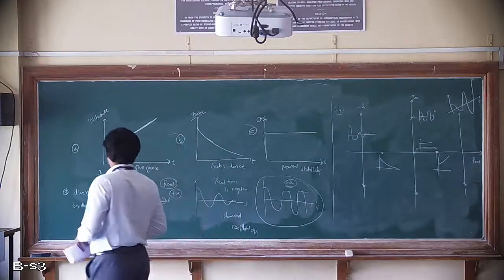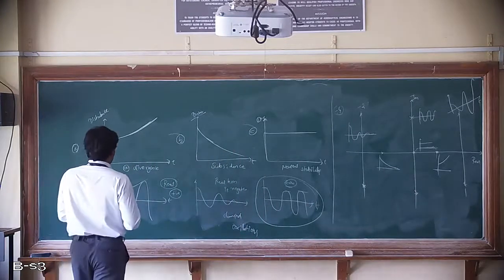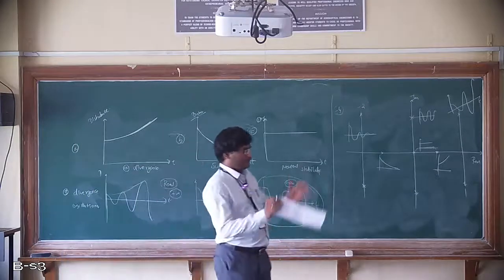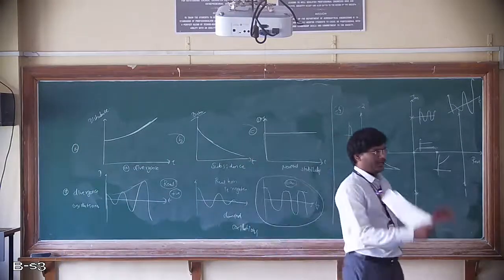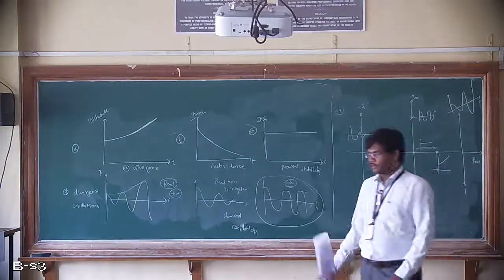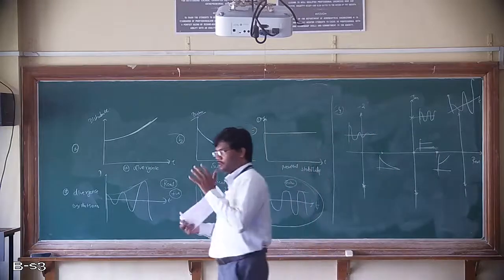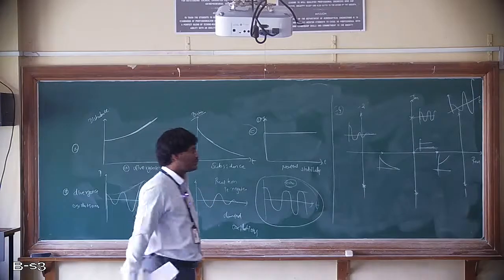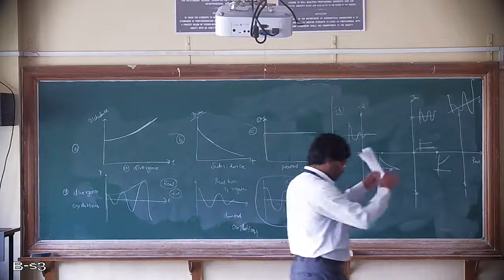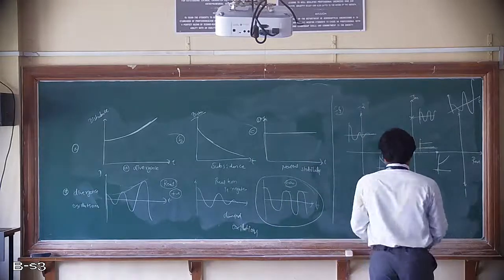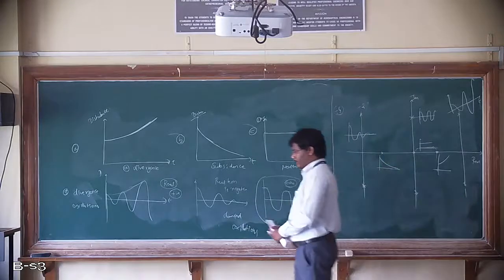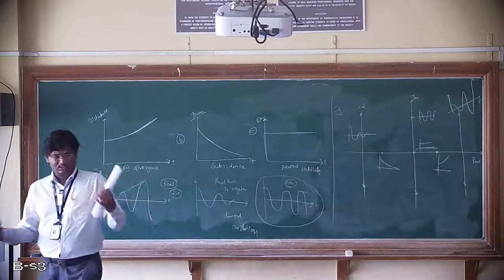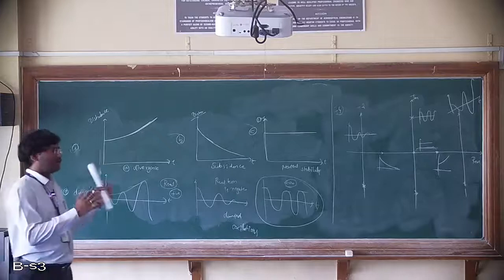So first, what I am concluding from this: if you have any dynamic system, by using your mathematics knowledge, bring that system into a mathematical model, that is, equations of motion. Apply Laplace transforms and find the transfer function.